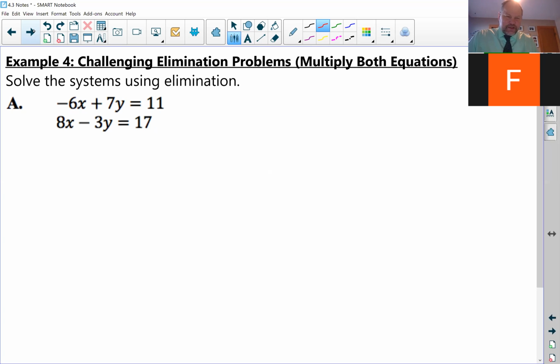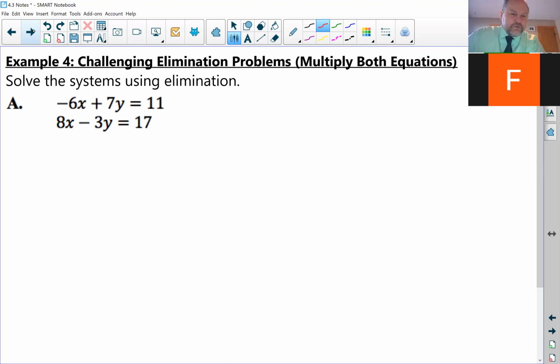We had an example where we could multiply one equation by a constant and get opposites and solve. Now we have a situation where we're going to have to multiply both equations. So this is the most work that you'll have, but very solvable.